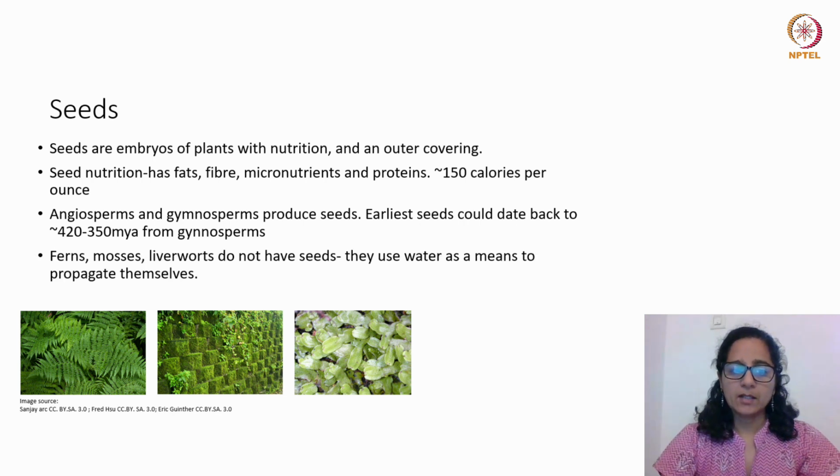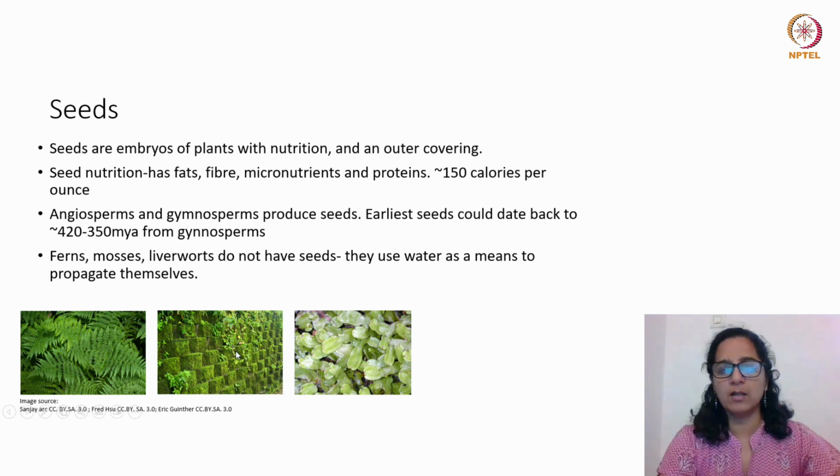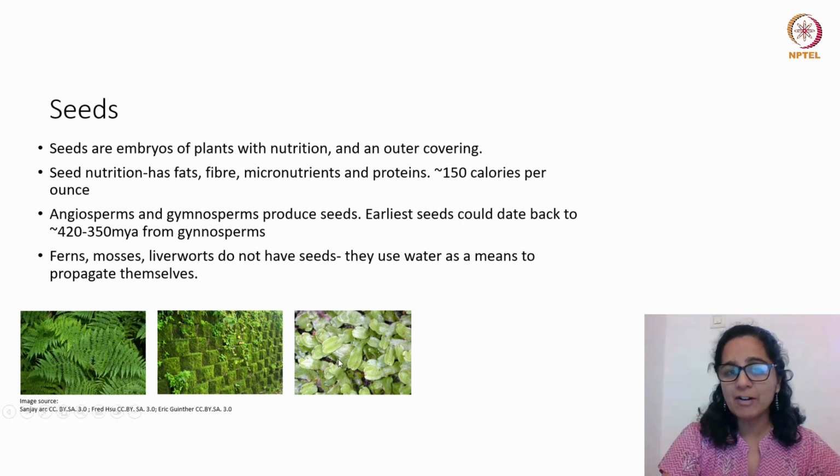Plants like ferns and mosses, which must be familiar to you, like a compound wall filled with moss or liverwort, don't produce seeds, but use water as a means to propagate themselves. So only angiosperms and gymnosperms produce seeds, and you would have learned this in school.